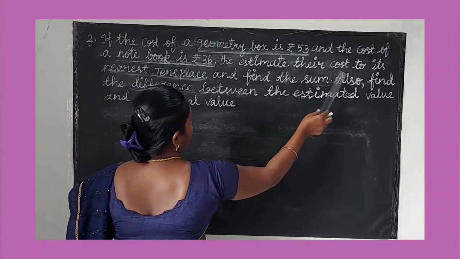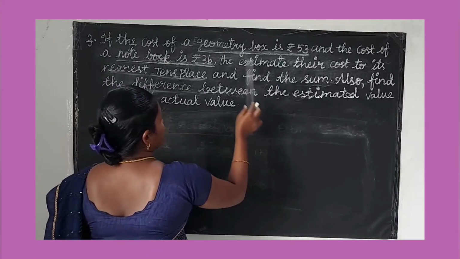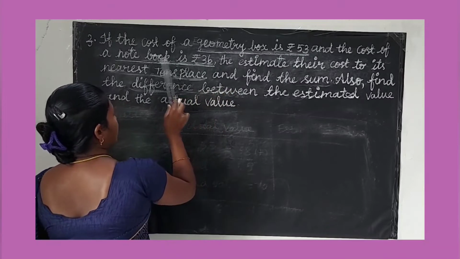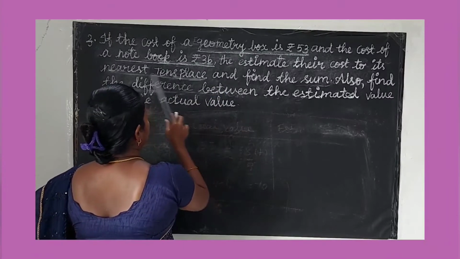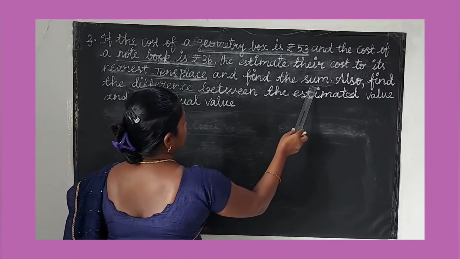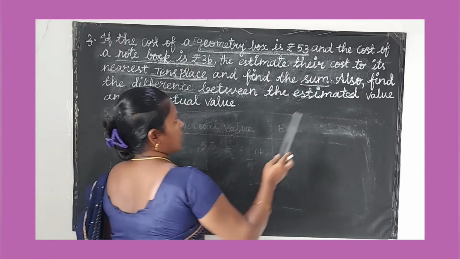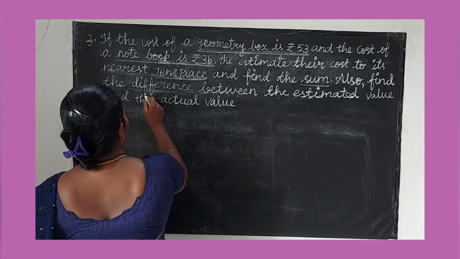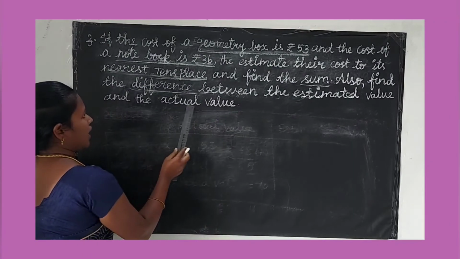Estimate the cost to its nearest tens place value and find the sum. So the geometry box value and notebook value are given. We have to find the estimated value for the nearest tens place value, and find the sum. Already you know that sum means addition. Also find the difference between the estimated value and the actual value.